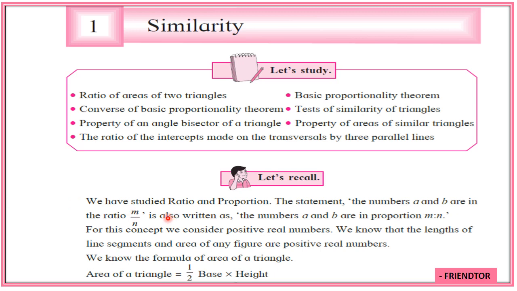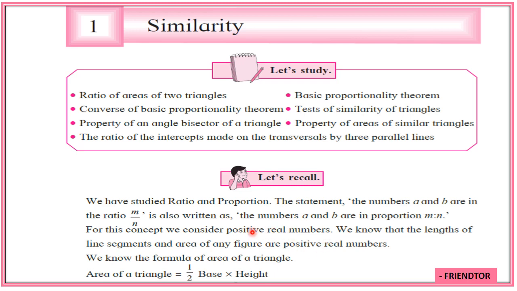When you write it in the m upon n form, that is in a rational form, it is a ratio, and when you write it with proportionality, it is a proportion. Now for this concept we consider positive real numbers. Why are we considering positive real numbers?